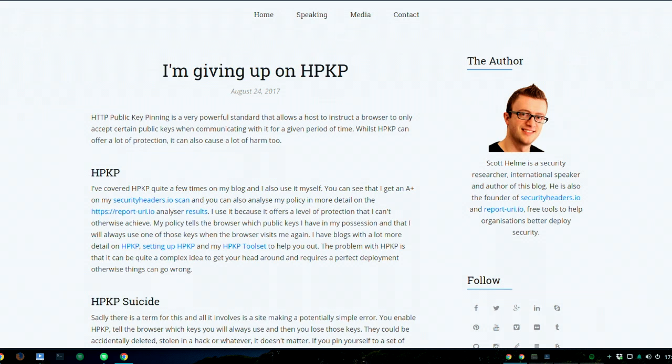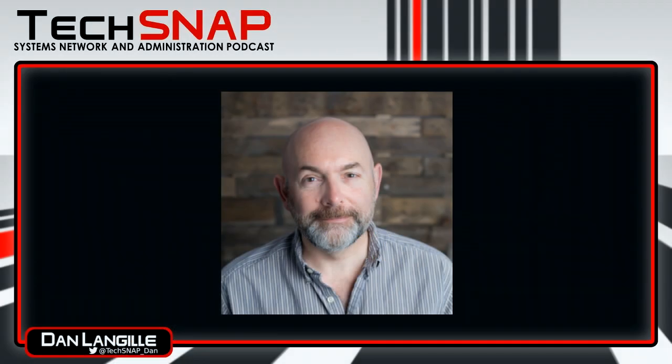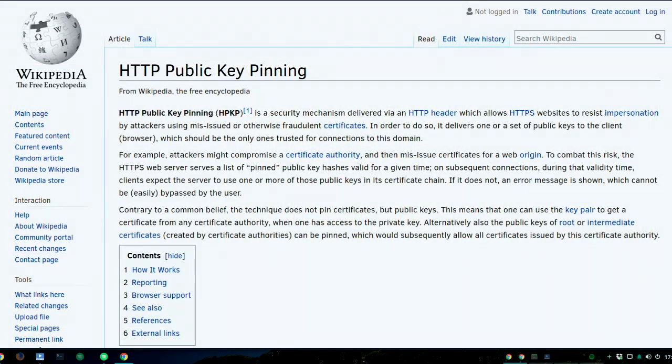Yeah. So what is that? HTTP public key pinning is what we're talking about here, of course. Basically, it's a way of telling a browser to always expect a certificate that's signed by these keys. It's a certificate extension as far as I can tell.